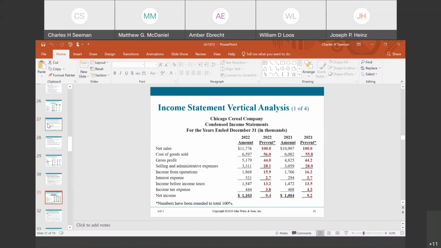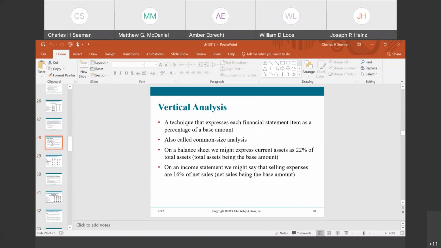Okay, vertical analysis is kind of the same thing, except you're doing it vertically. And you're also doing what's called common size analysis, which we'll talk about in a second.